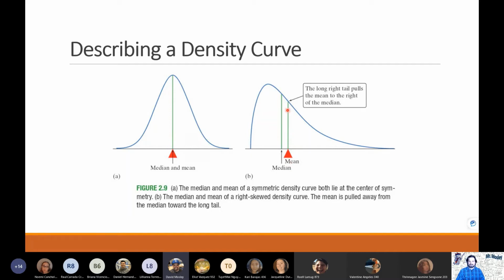And the mean is to the right of the median because this is right skewed. The mean gets pulled over this way. And that's just what this is saying down here. So this picture is a visual representation of that.